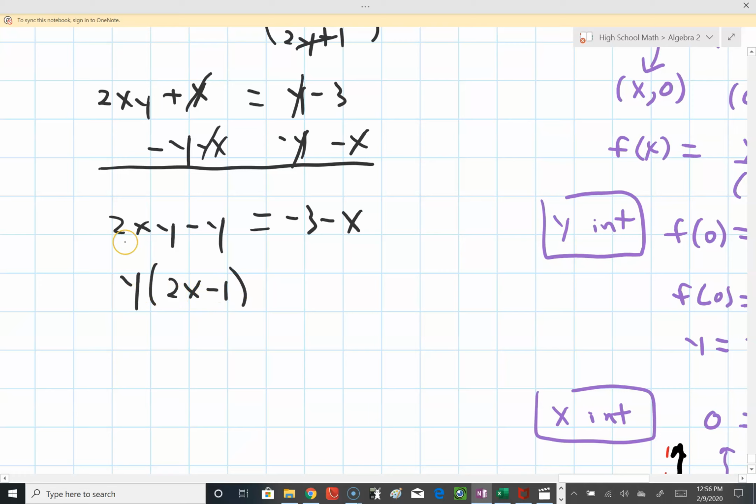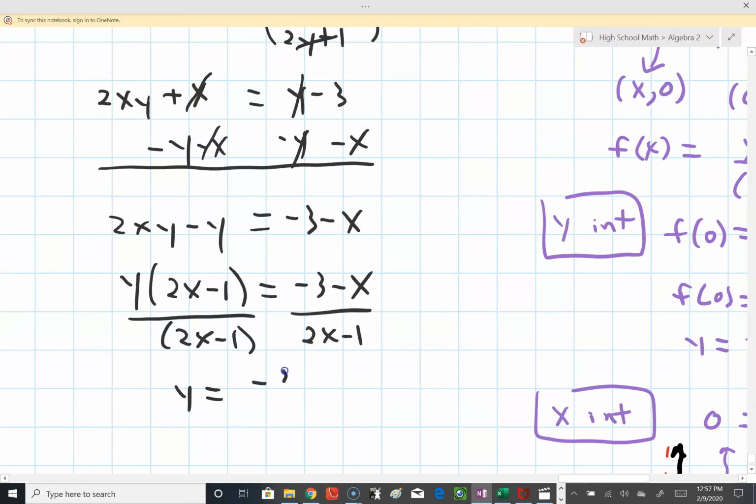Y times 2x would be 2xy, y times 1 would be y. Solving for y, I'll divide by this quantity in parentheses. So we have y is equal to negative 3 minus x over 2x minus 1.